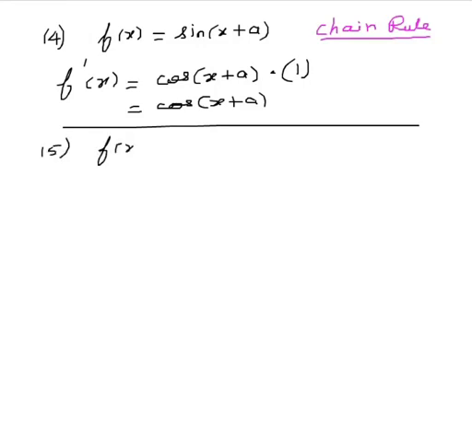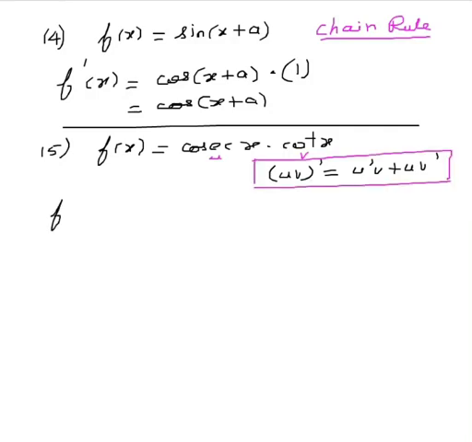Question 15. Cosecant x into cot x. Let us use product rule. This is u and this is v. Product rule is uv, the whole dashed is u dash v plus uv dash. Therefore, f dash of x is equal to cosecant x dash into cot x plus cosecant x into cot x dash.